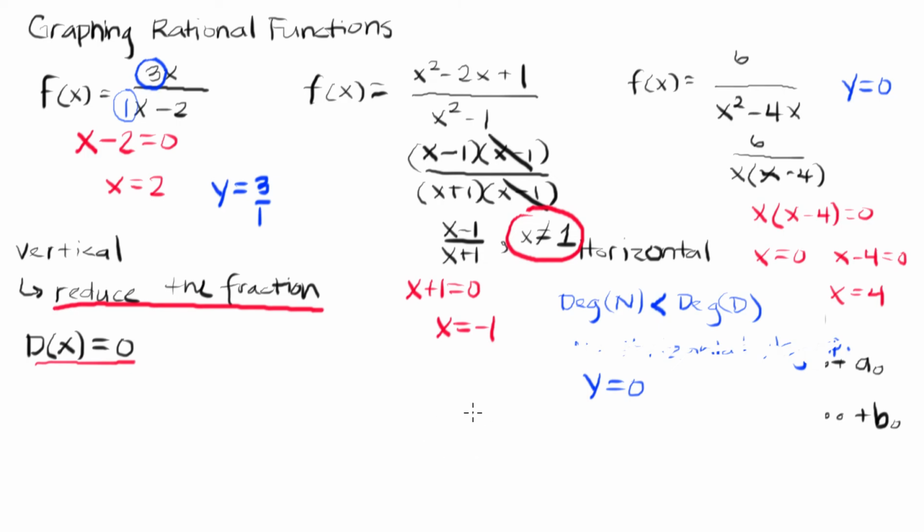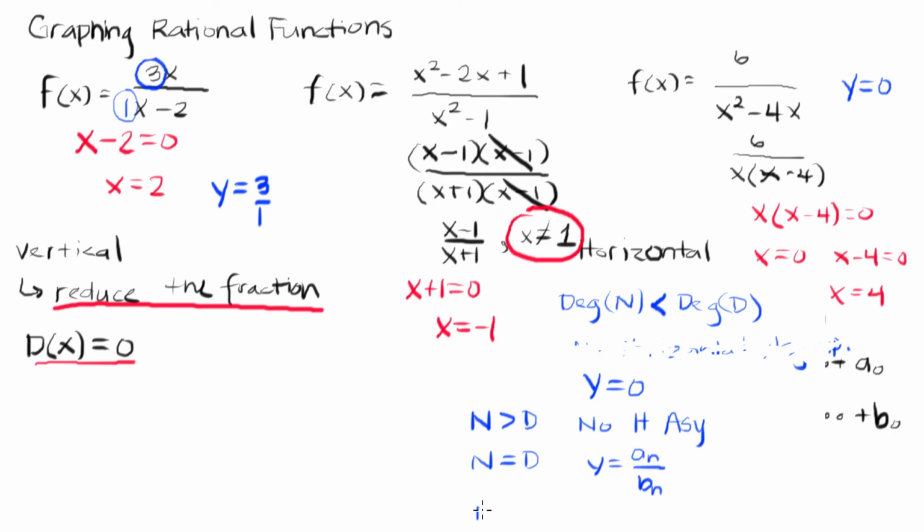When the degree of the top, the numerator, is larger than the denominator, there's no horizontal asymptote. When the degree of the top is equal to the degree of the denominator, then the asymptote y is going to equal the top's lead coefficient over the bottom's lead coefficient.